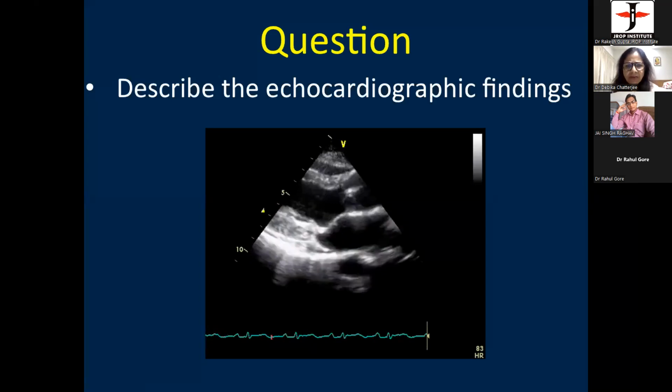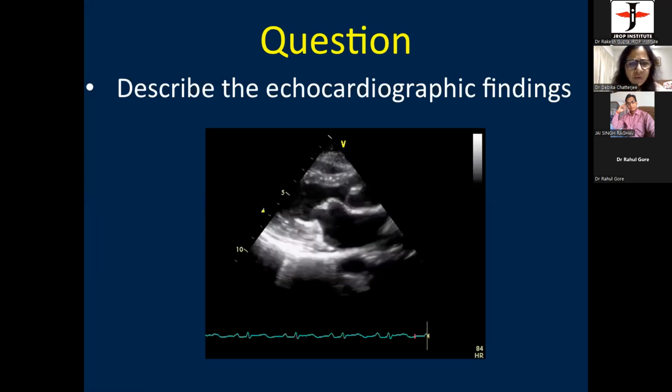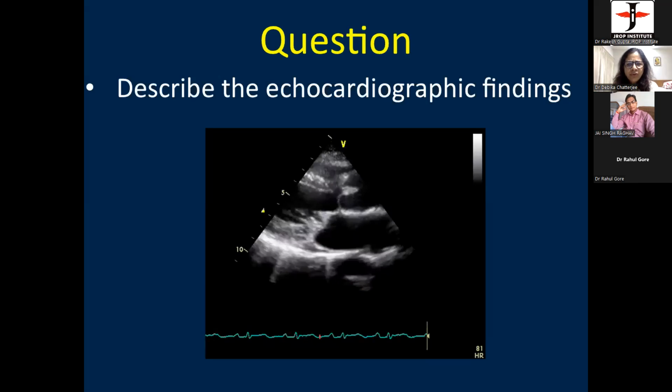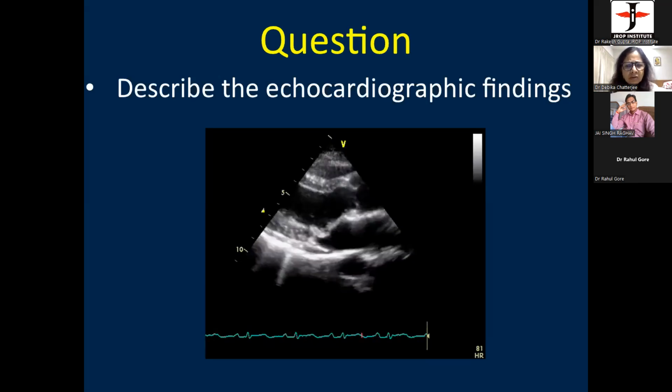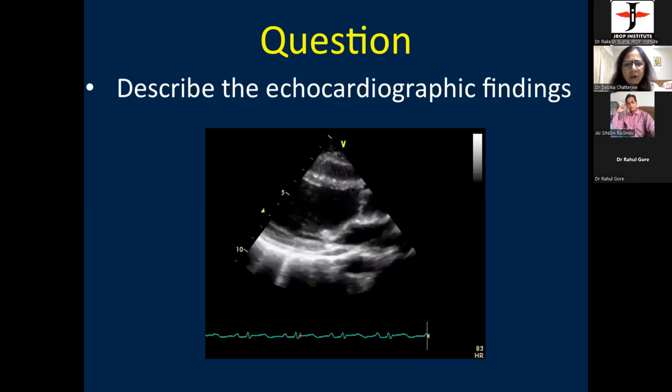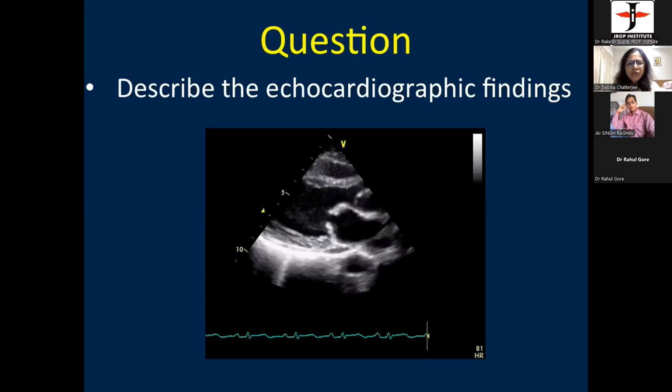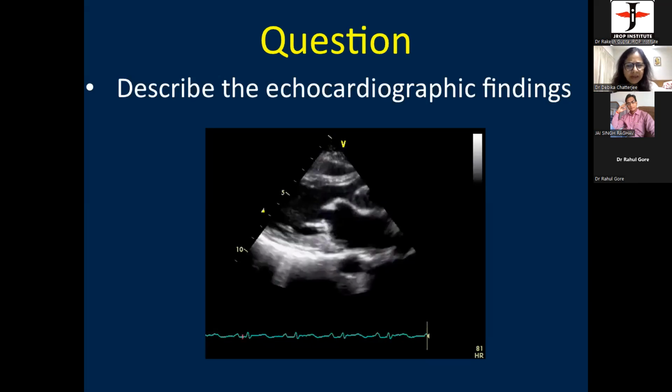Changes in the mitral valve. You have said doming of the mitral valve. Which leaflet is showing doming? That is the AML, ma'am, the anterior mitral leaflet. And what are the other two-dimensional echocardiographic findings in this case?